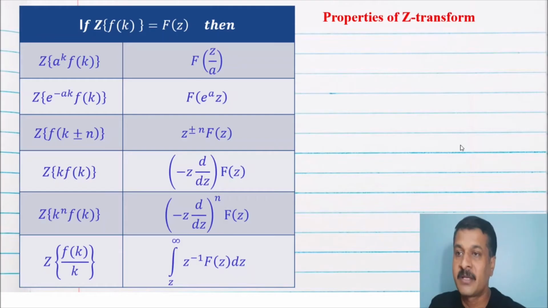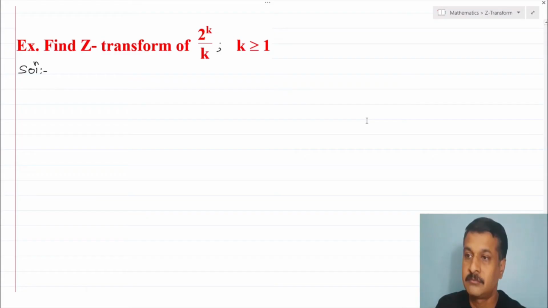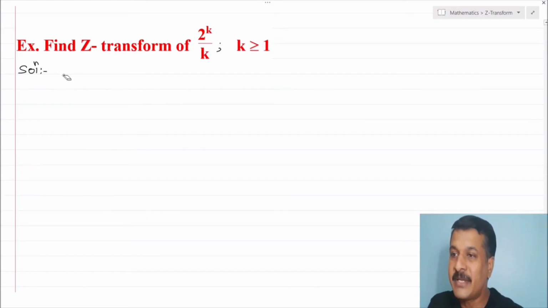As we know the property of z transform of f of k by k is nothing but integration z to infinity z inverse into F of z dz, where F of z is nothing but z transform of this f of k. So using this property we can find it.